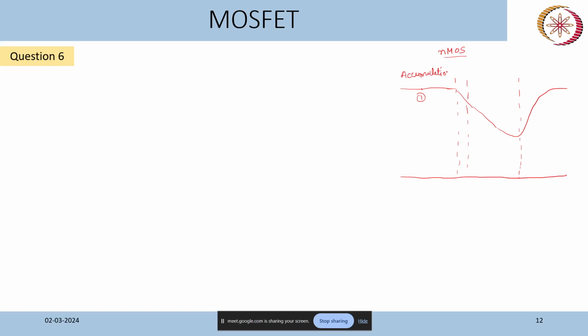So for NMOS, the substrate is p-type, so accumulation means accumulation of holes. This point 2, this is the flat band voltage, this is the flat band, which is usually negative for NMOS. So this is the negative side and this is the positive side, and this is the gate voltage.